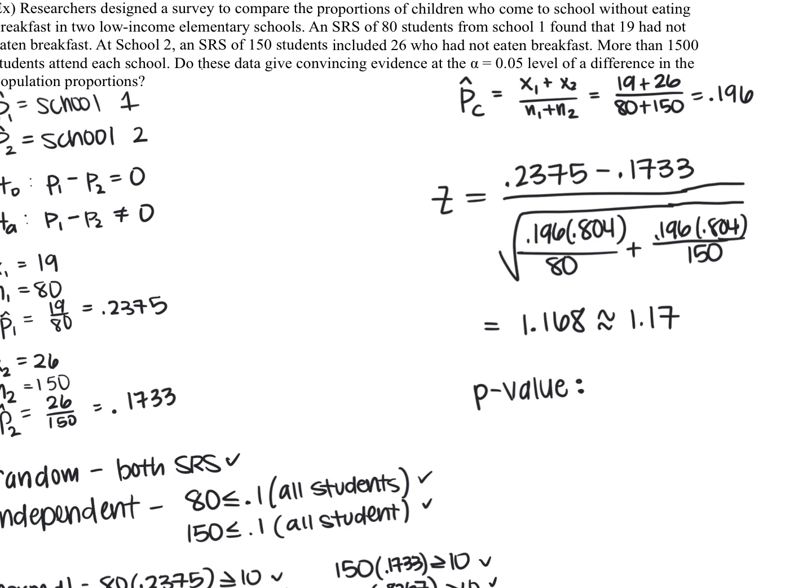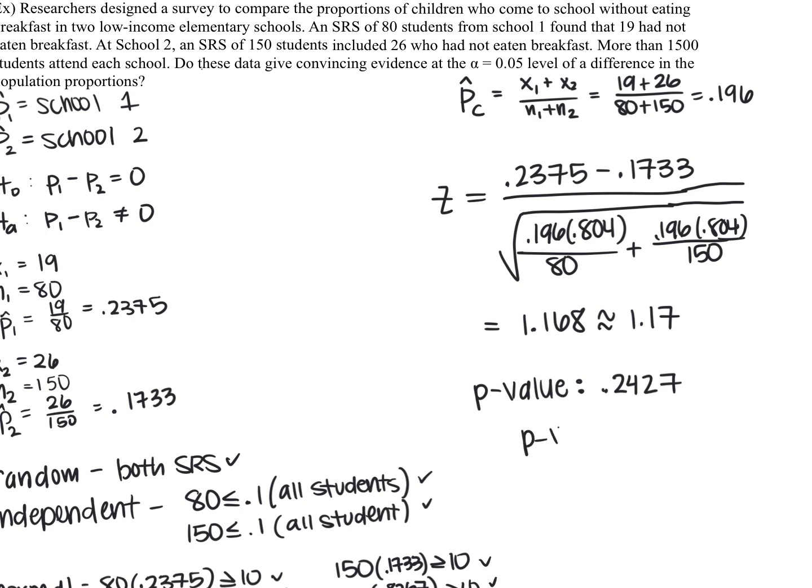Or we can go to 2-prop z-test, plug in my x1, n1, x2, n2, and choose whether our alternative hypothesis is does not equal or greater than or less than, and then I'll get my p-value. So no matter which one we do, we'll get a p-value of 0.2427.